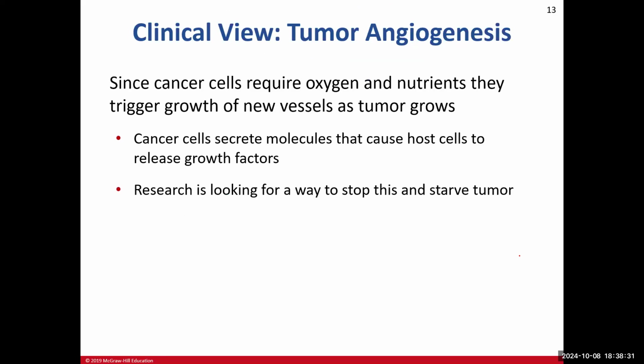All right, so here, our first clinical view here, tumor angiogenesis. I had a colleague that had a very rare form of eye cancer. She had an ocular melanoma, and her type of melanoma has a high chance of spread. And when it has a high chance of spread, there's a high chance, obviously, of metastasis and then death.